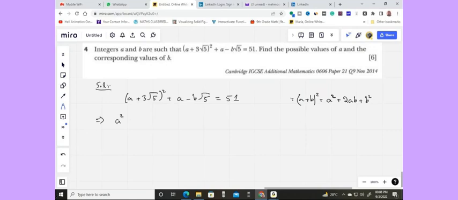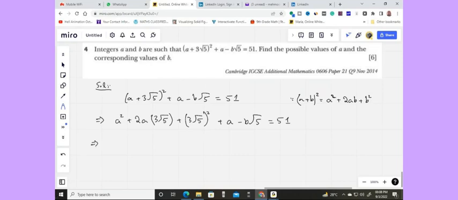So this is your a square plus 2a times b plus b whole square. Okay, 3 root 5 is the b here. This plus a minus b root 5 I'm going to copy as it is, equals to 51.